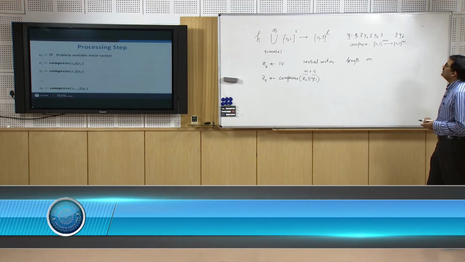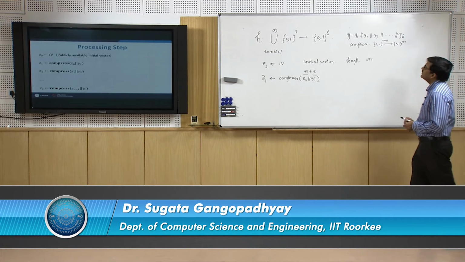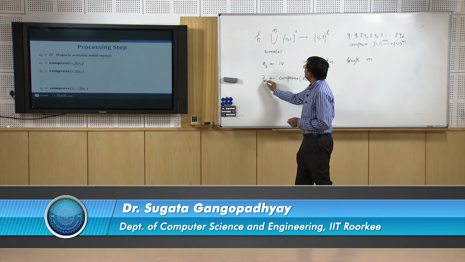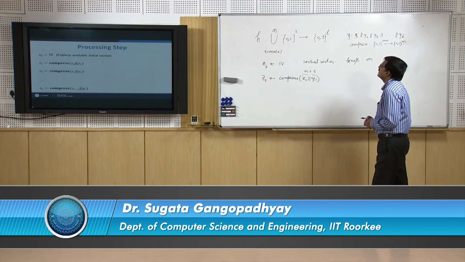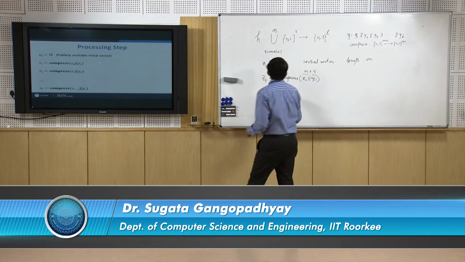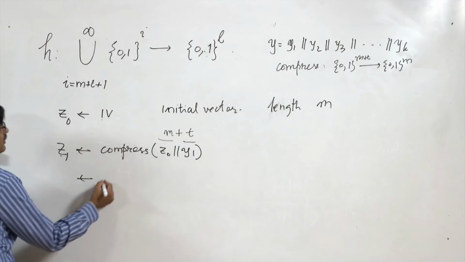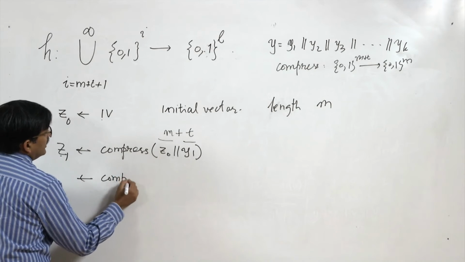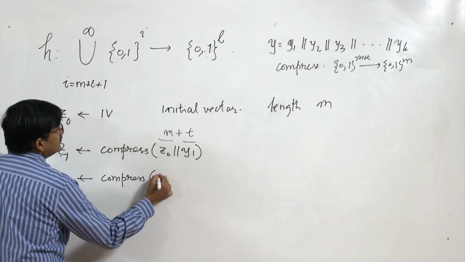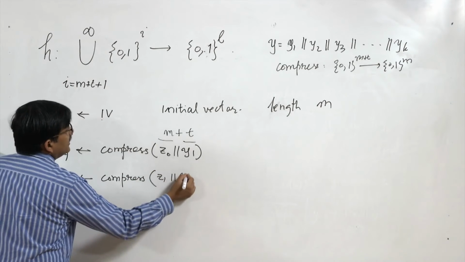So, I can apply compress on it, and after I apply compress I will get z1 which is of length m, and after that we will go on recursively, we will apply compress on z1 concat y2.